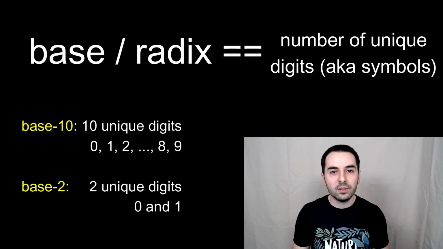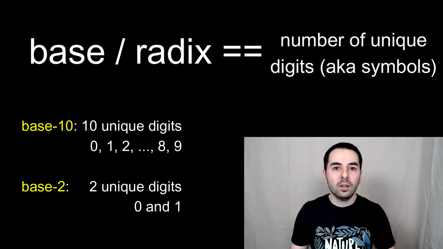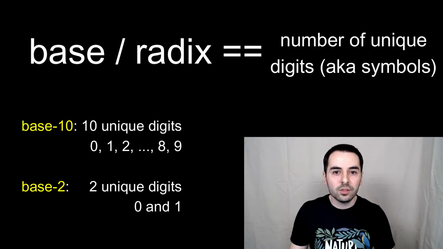The standard base 10 or decimal numeral system has radix 10, which means we have 10 unique digits, 0 to 9. Similarly, in the binary system, we have only 2 digits, 0 and 1. So all the numbers are denoted by these 2 digits only.